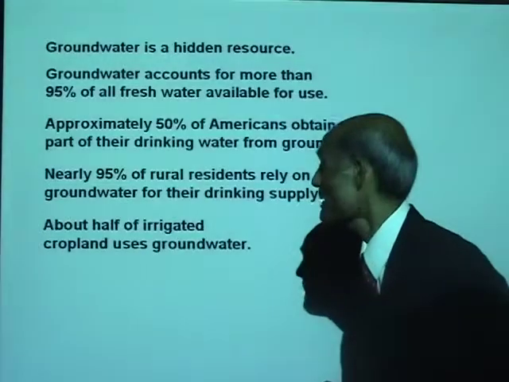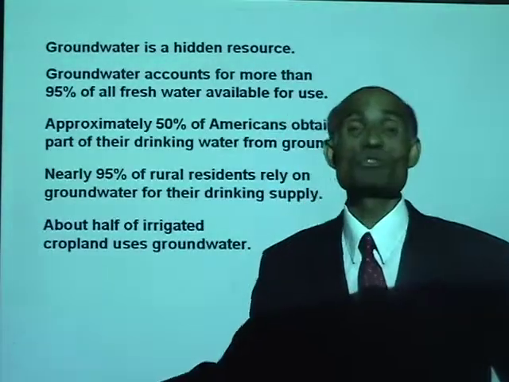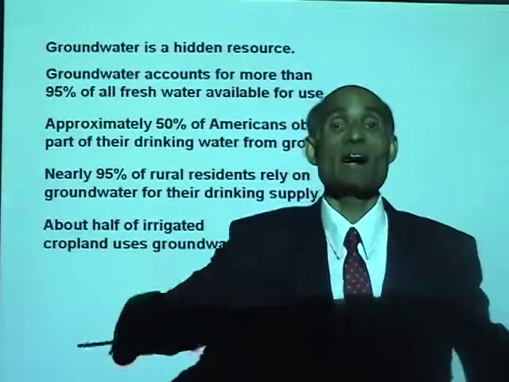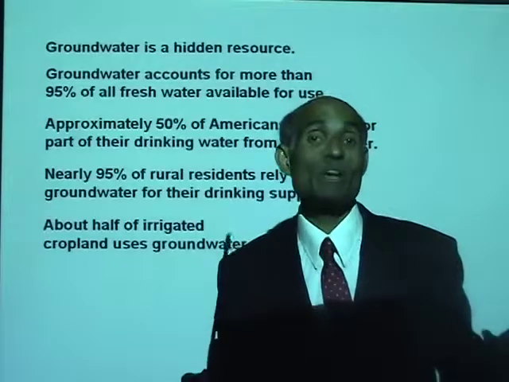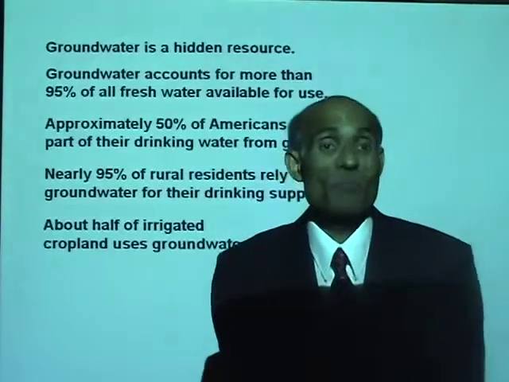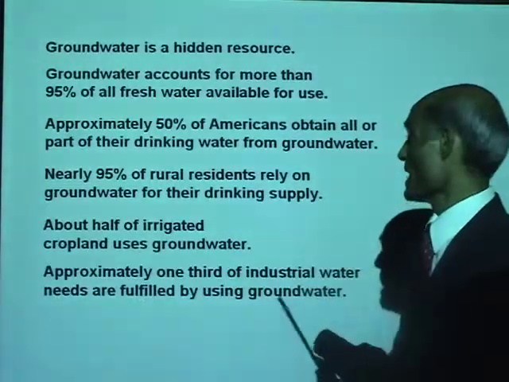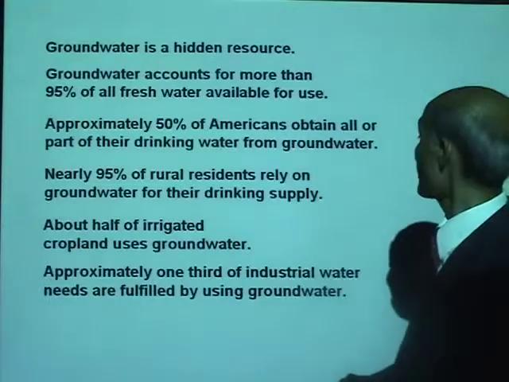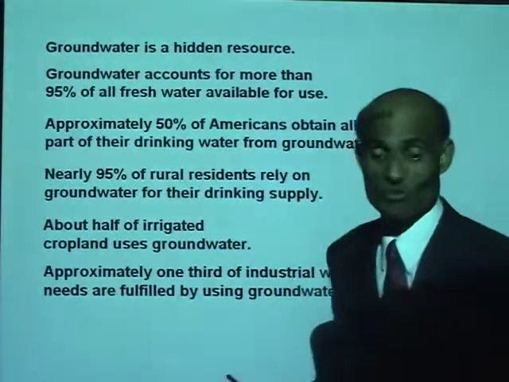About half of irrigated cropland uses groundwater. Most of the big vegetable farms in California and other areas use it for irrigation. Where does the water come from? They take the water from underground. Groundwater is the resource for that. And approximately 1/3 of industrial water needs are fulfilled using groundwater.